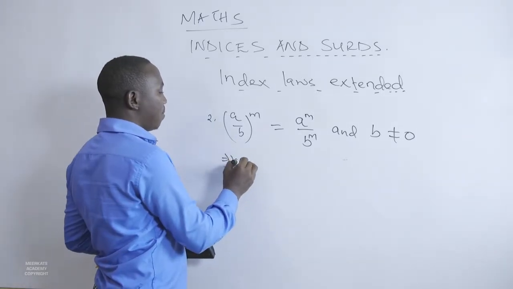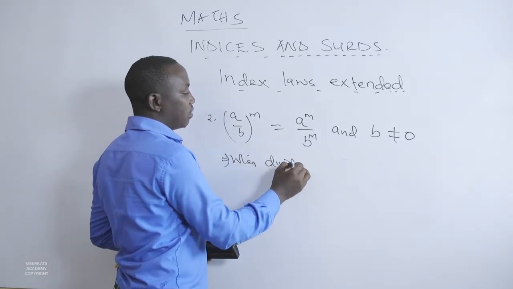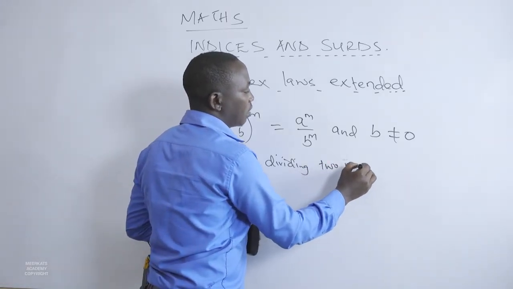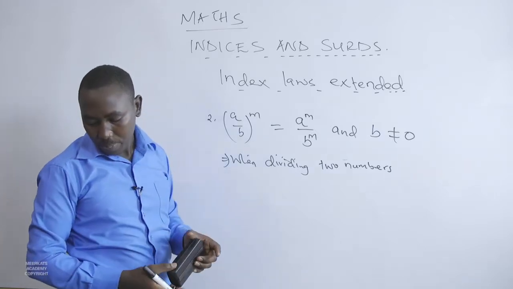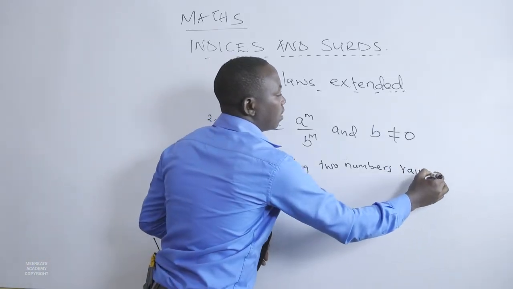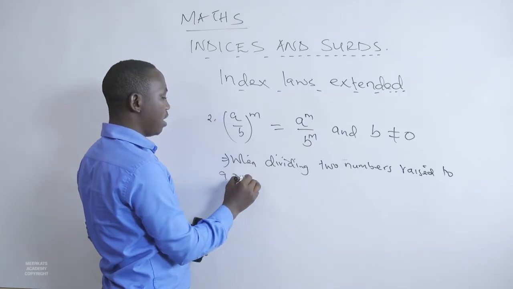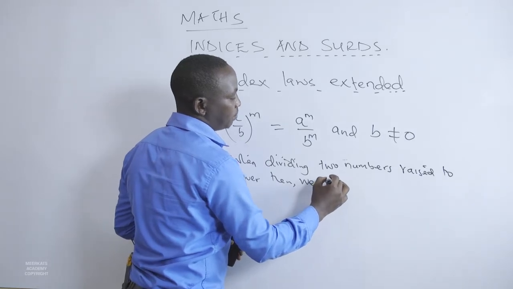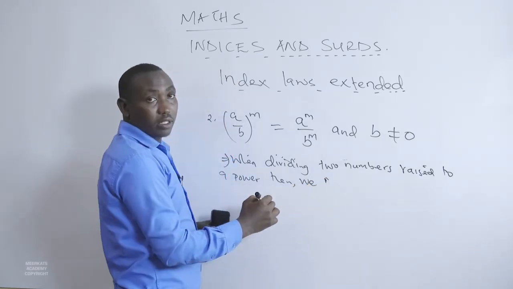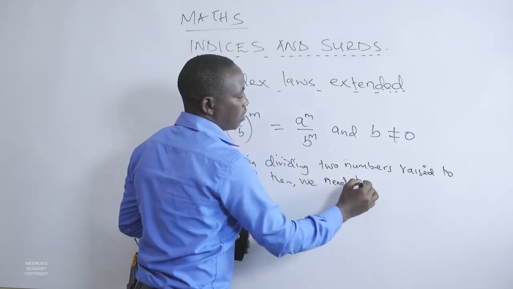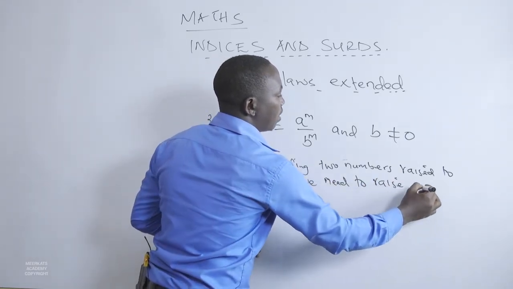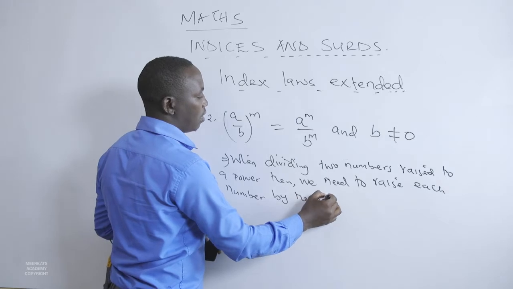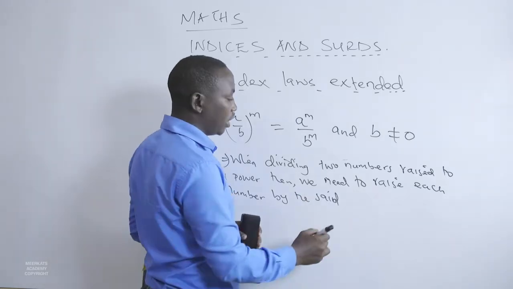And this says that when dividing two numbers, and they can be numbers or pronumerals, raised to a power, then we need to raise each number by the power in question.